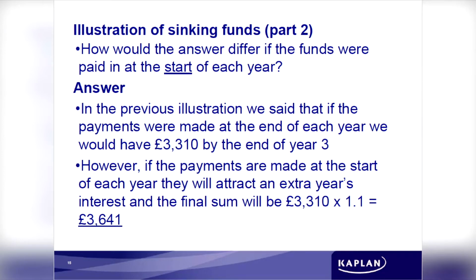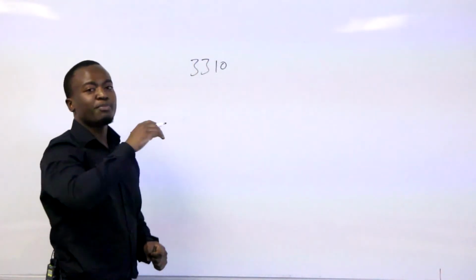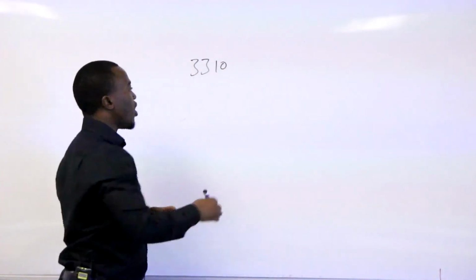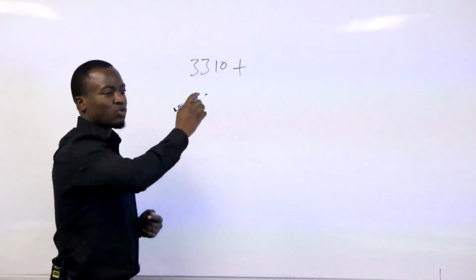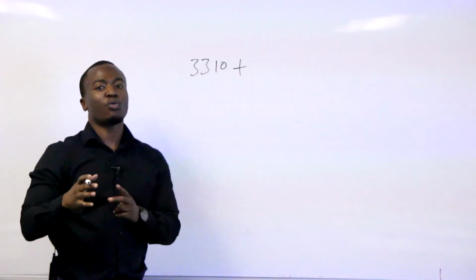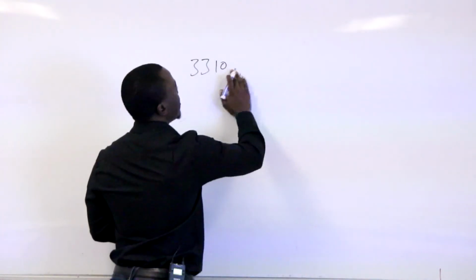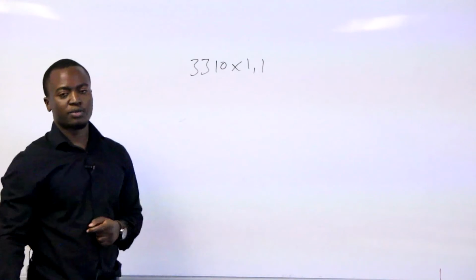So in that case, remember I was making 3,310 if payments were being made at the end of the year. I'll just add another payment, and that payment is going to be 1.1, an extra payment of 1.1. So it's that 3,310 multiplied by 1.1.